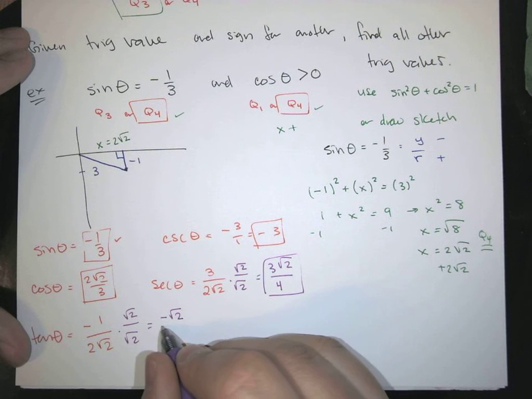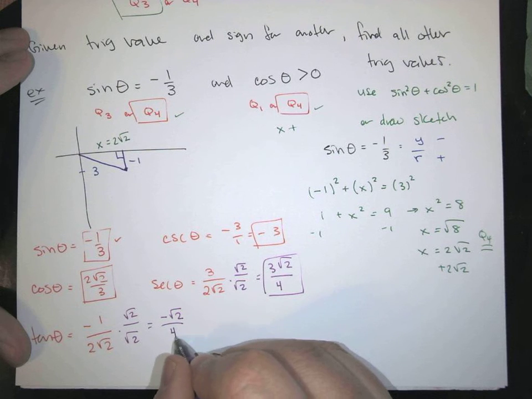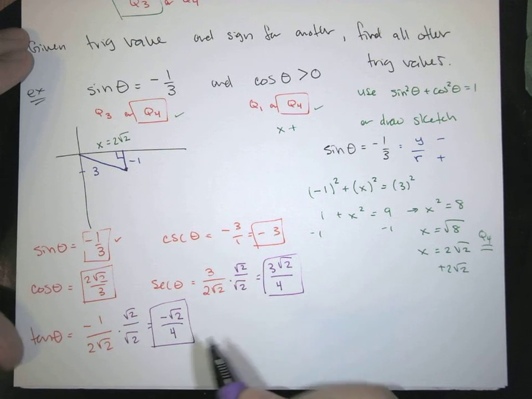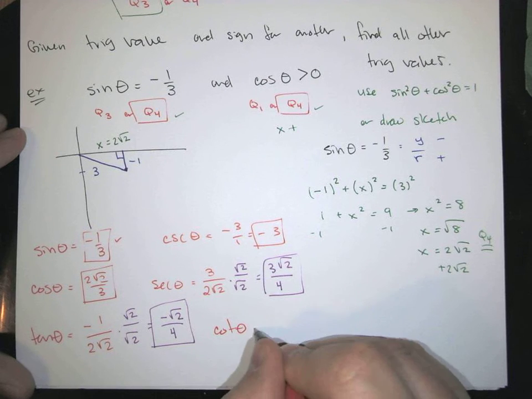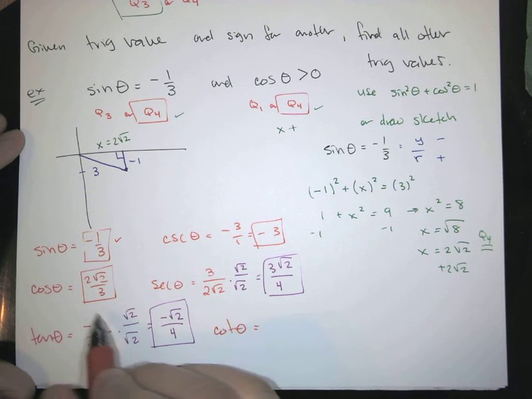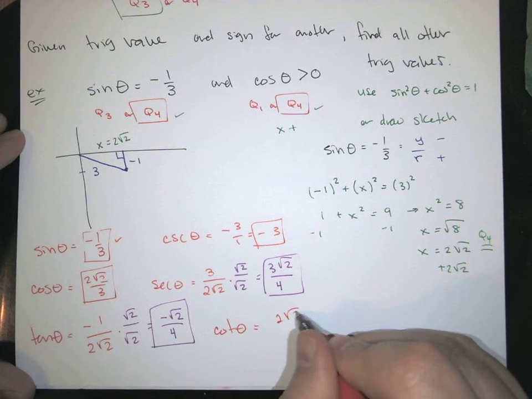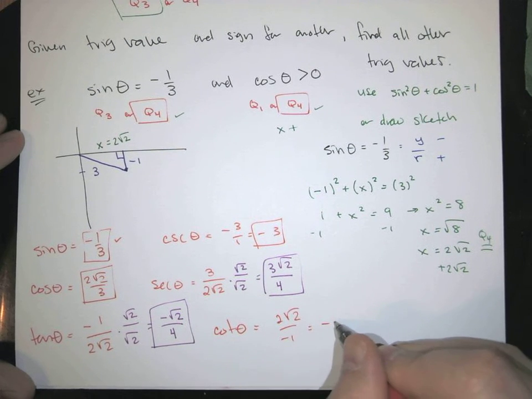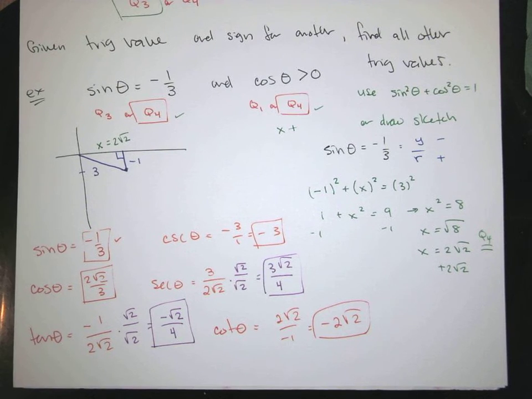So this would be √2 over, root times root is 2, 2 times 2 is 4. And then to finish us off, cotangent theta. Let's take this earlier version in red and flip that. So we'll do 2√2 over negative 1, so that's just going to be negative 2 times √2.